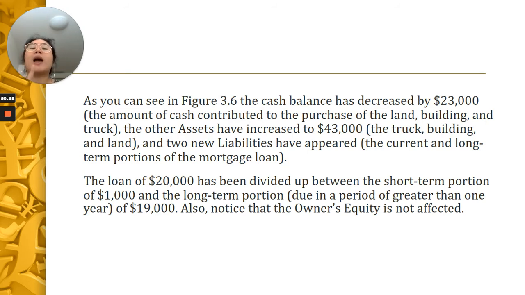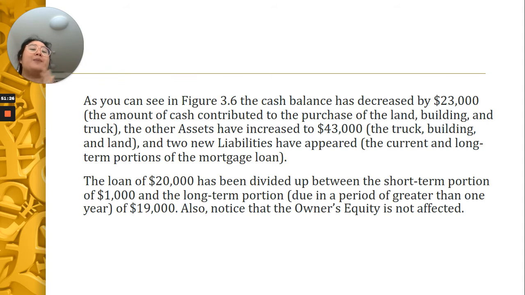The total value is 43,000. And then you have two new liabilities that appear, the current and long-term portion of the mortgage loan. The mortgage loan is a 20,000 loan, like they say, 20,000 loan for 20 years.